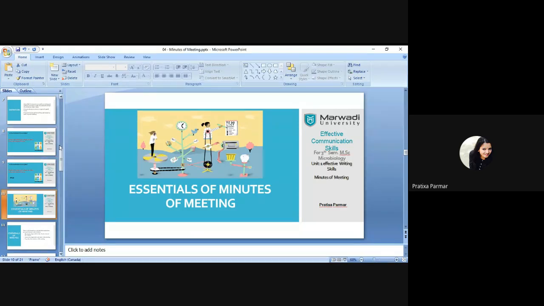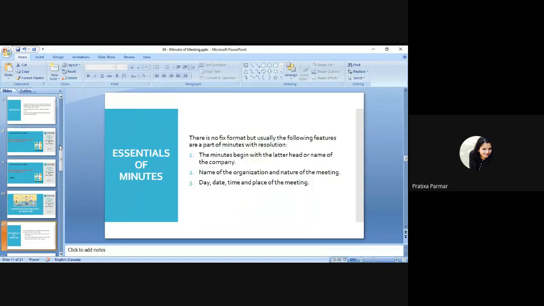Let's go to the very important part, that is, essentials of minutes of the meeting. Okay, now what are the things that are actually important when we talk about the minutes of the meeting? As I told you, there isn't a fixed format because the format varies from institute to institute.